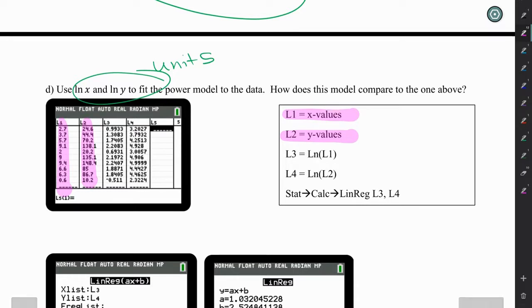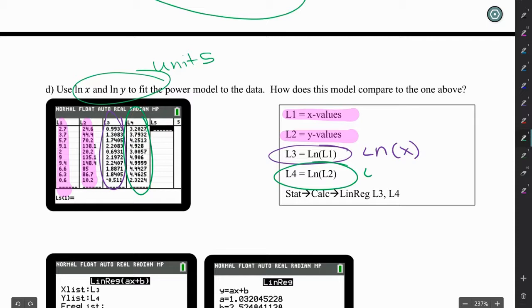Now, they wanted us to do the natural log of x. So my L3, I put in ln of L1, which would be ln of the x values. In L4, it's ln of L2, which means I'm really doing the natural log of the y values.